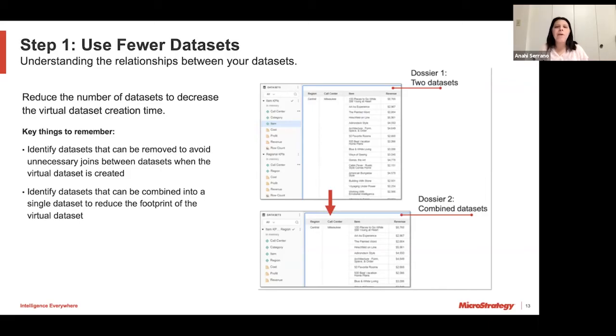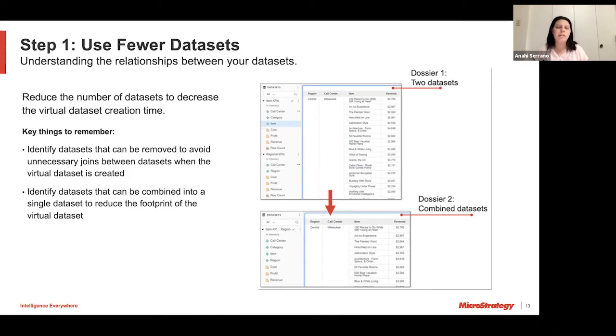But what we recommend is to be very aware of what data sets you're using. What we want our customers to know is that when you are creating your dossiers, fewer data sets help to maintain that high performance.